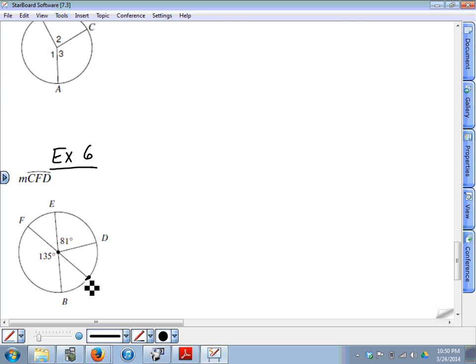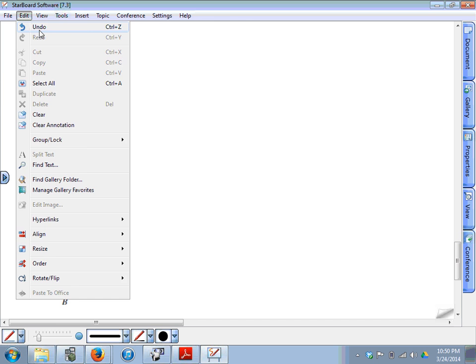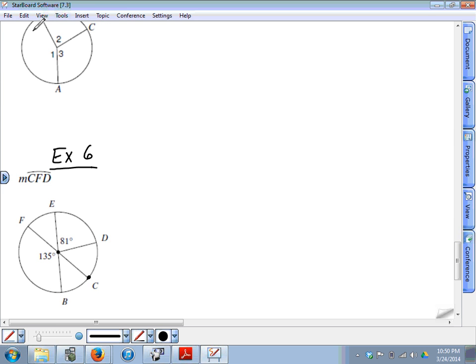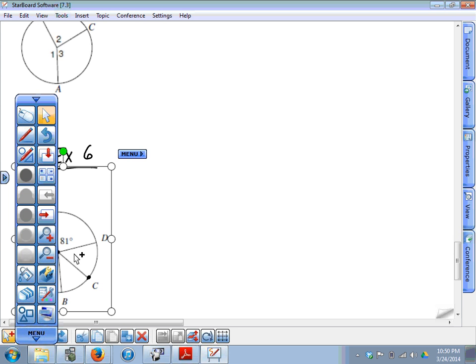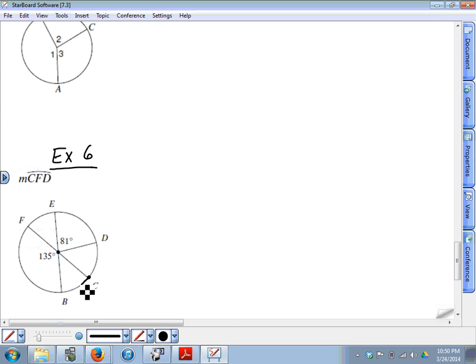So if we go from C, there we go. So from C to F all the way to D, we need to find the measure of this arc.